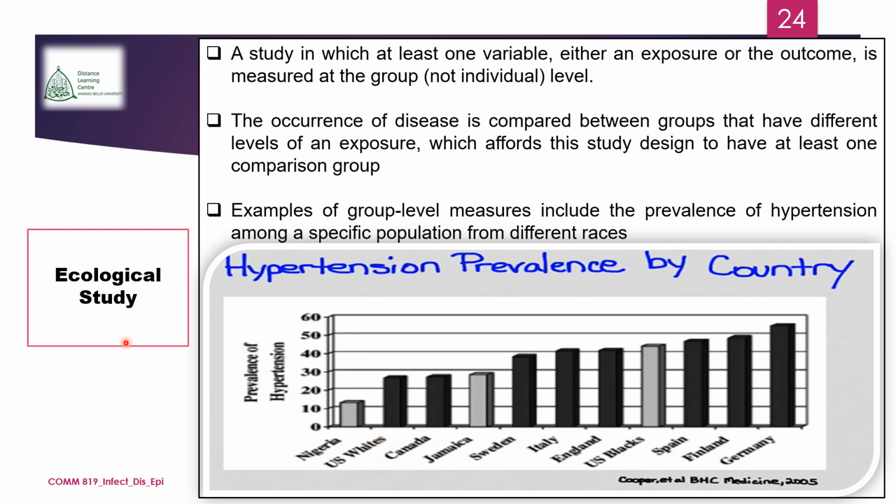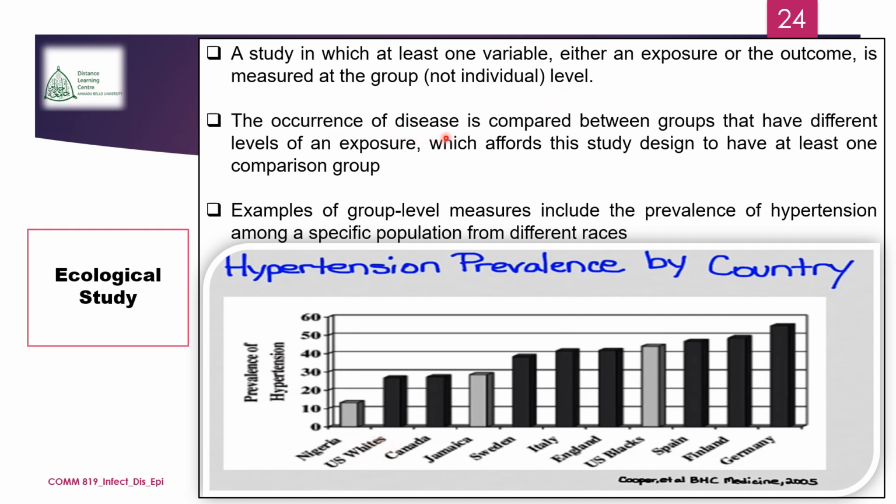Therefore, ecological study, we said, is a study in which at least one variable, either an exposure or the outcome, is measured at the group level.